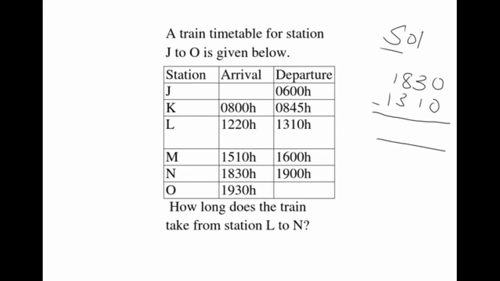Therefore, 30 minus 10 is 20. 8 minus 3 is 5. Here we are left with 1 minus 1 is 0. 5 hours, 20 minutes. Therefore, our correct choice is D.